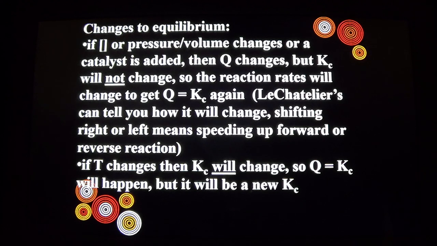So, forward and reverse reaction rates are equal at equilibrium. We've discussed how we can find if we're at equilibrium by calculating Q. What if we were at equilibrium and then we, as the outside experimenter, do something to that equilibrium to mess with it? Well, the short answer is we're no longer going to be at equilibrium.